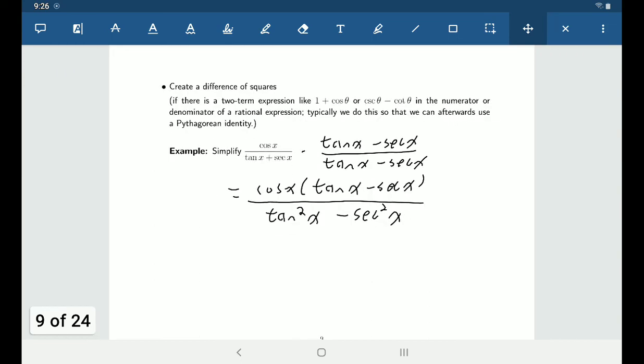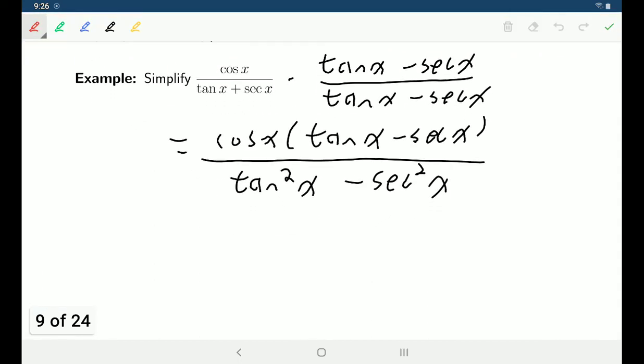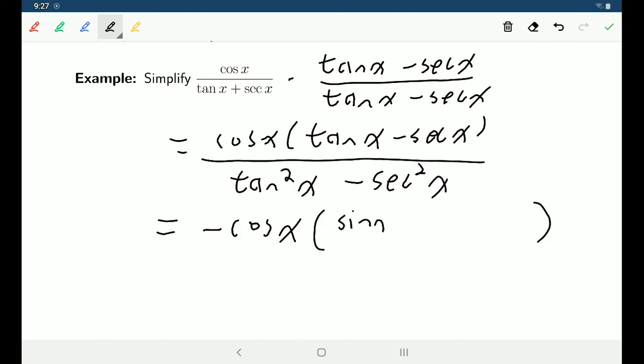So this is what I'll do now. I'll just say that, great, the denominator is negative 1, so in other words we have negative cosine of x. And I'm actually going to do a second step here, because I see I've got tangents and secants, and I know that if I were to turn those into sines and cosines, that actually would be useful for the next step when I multiply everybody together.